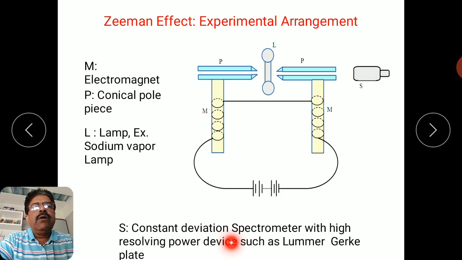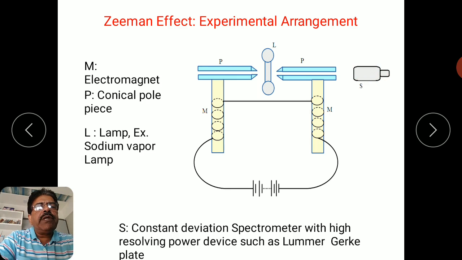Since the effect one can observe on the spectral lines because of the magnetic field is a very fine difference, one needs a very high resolving power device. So a normal spectrometer cannot be used here.